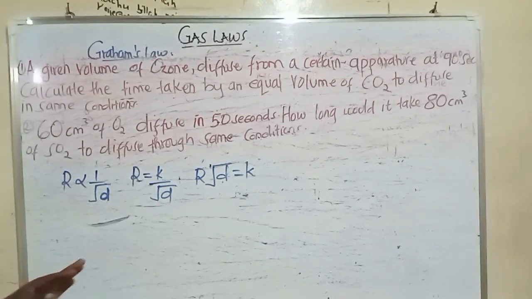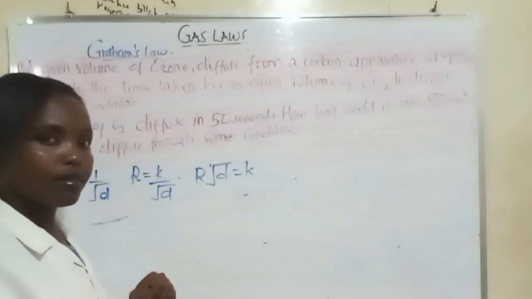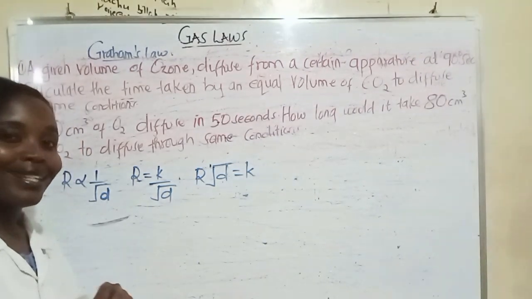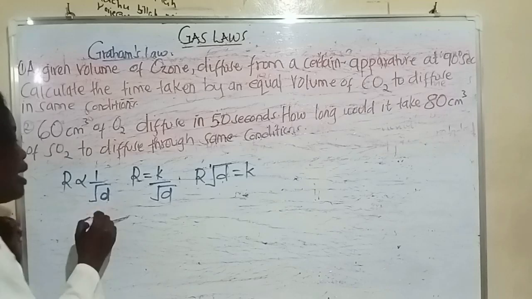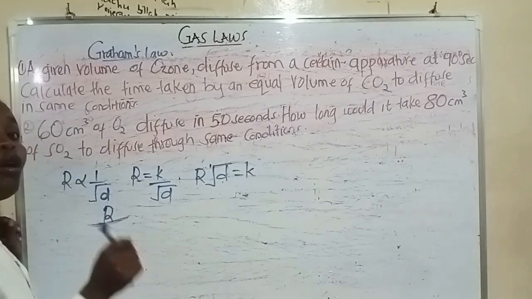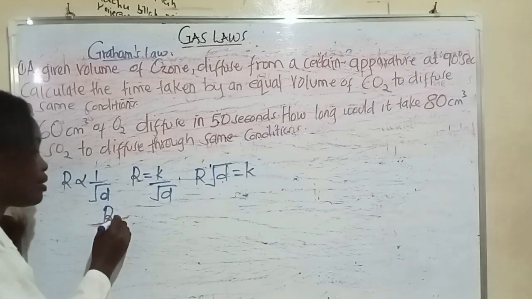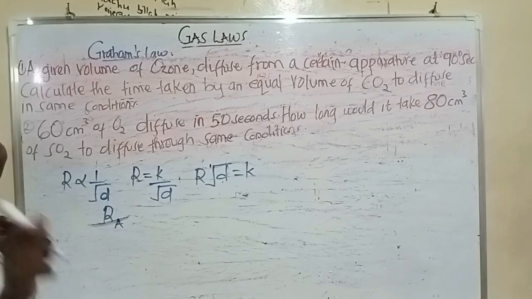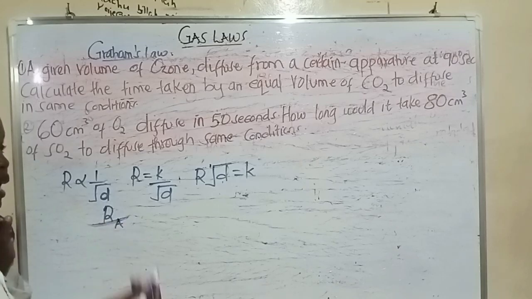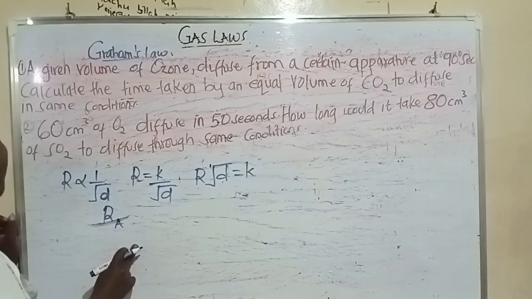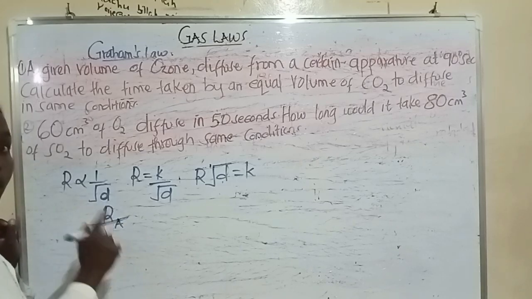Now, if you're comparing two gases, we say that the rate of diffusion of the first gas, which we are going to call gas A, is inversely proportional to the square root of its density at constant temperature and pressure. We represent it as Ra for the first gas.